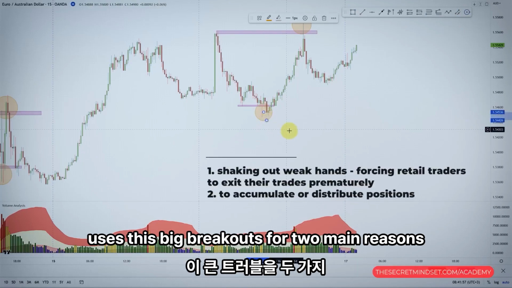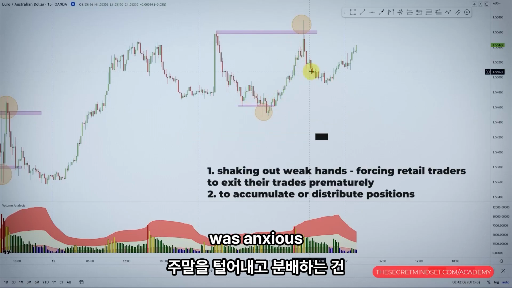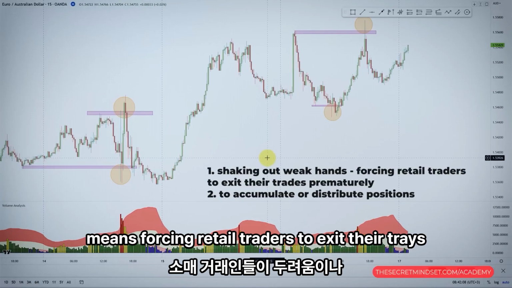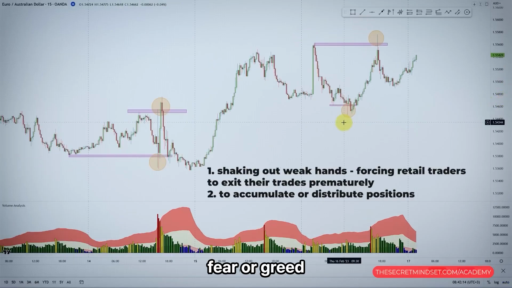Smart money uses these fake breakouts for two main reasons: to shake out weak hands and to accumulate or distribute positions. Shaking out weak hands means forcing retail traders to exit their trades prematurely by creating fear or greed.